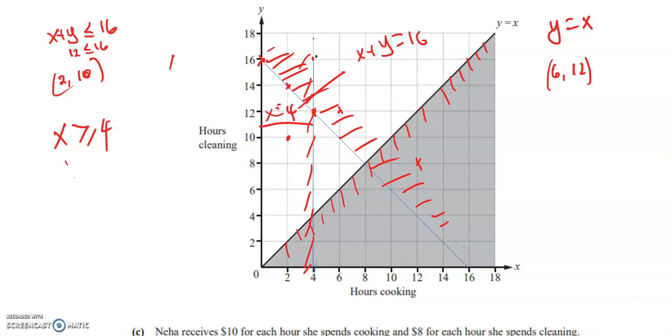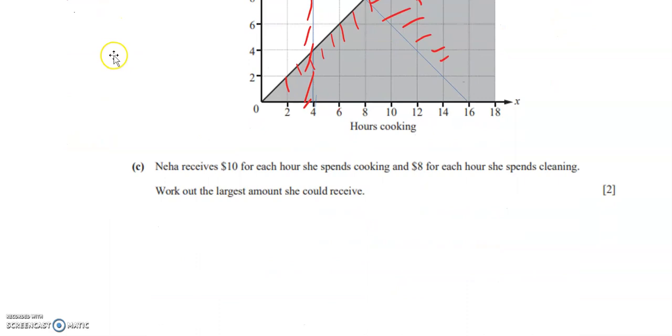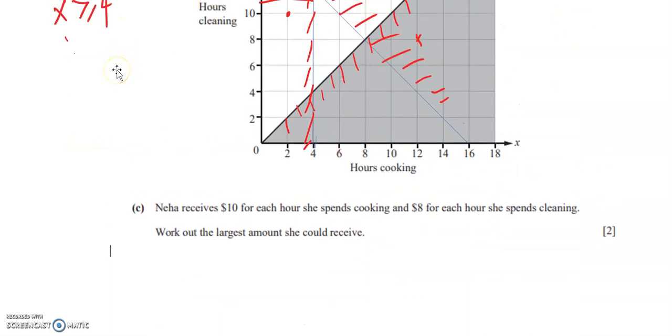Okay, now from here we are supposed to determine the maximum, how much can NIHA receive if the earning is $10 for X and $8 for Y. This is the objective function.